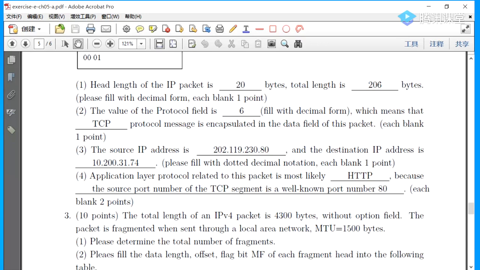The application layer protocol related to this packet is most likely HTTP because the source port number of the TCP segment is the well-known port number 80.